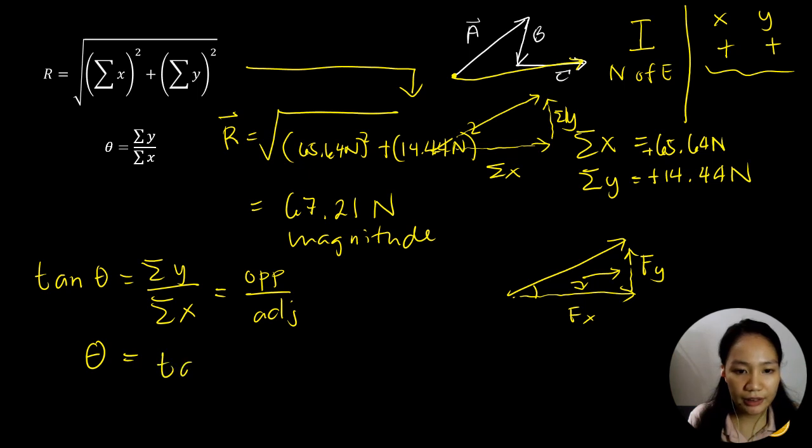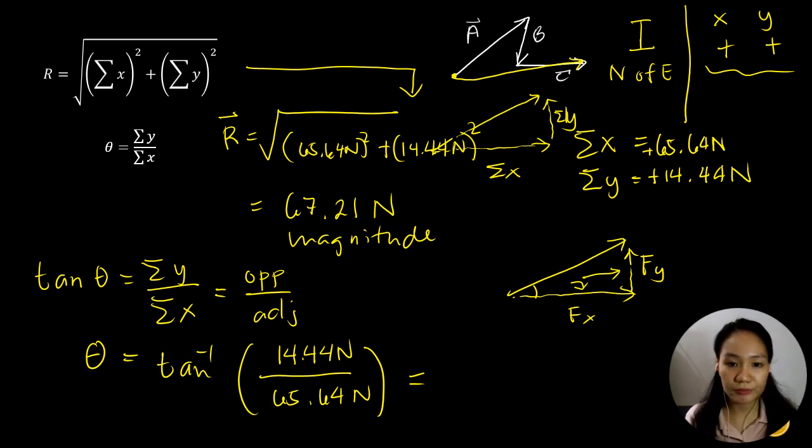Tangent theta is equal to tangent negative 1 of the ratio, our summation of y, 14.44 newtons, all over 65.64 newtons. If you type it in your calculator, press shift tan, and then the ratio, 14.44 divided by 65.64. And then the answer is 12.41 degrees. This is now the direction of our resultant vector.